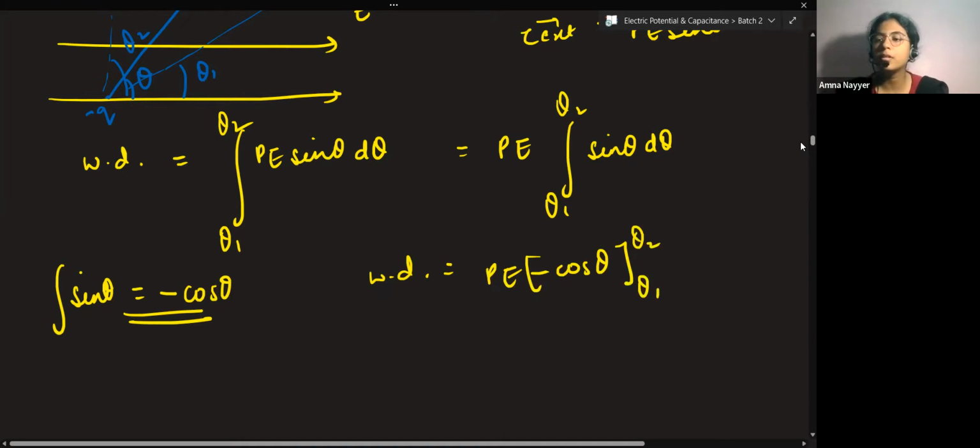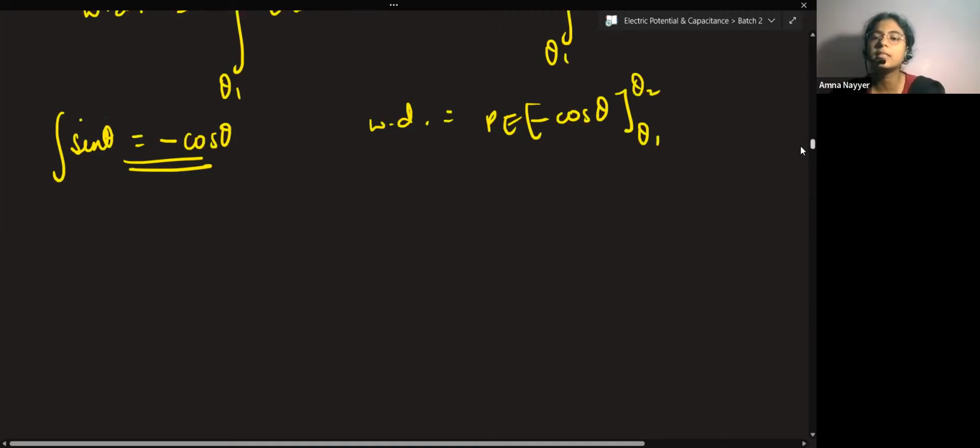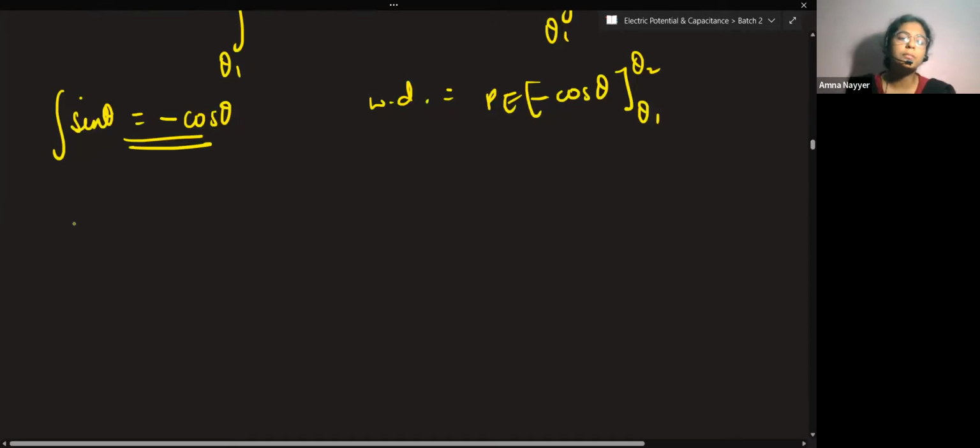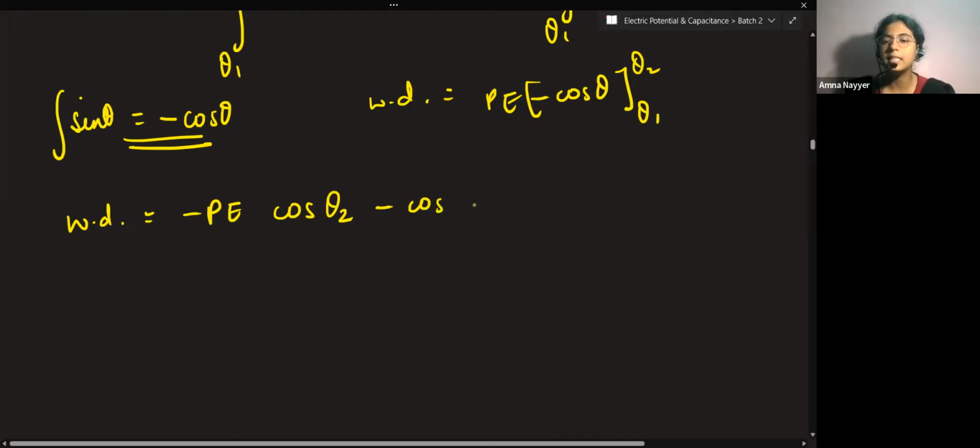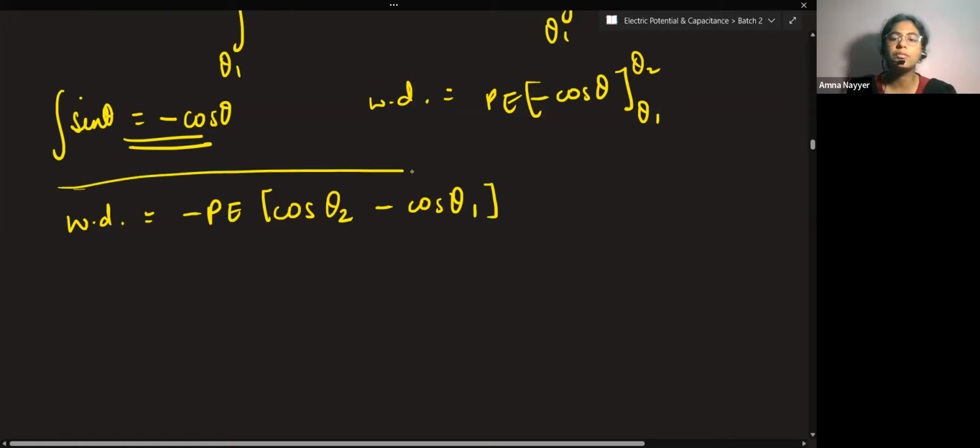Now if you put the values of the limits, work done will be minus PE cos of the upper limit, that is theta 2, minus cos of the lower limit, that is theta 1. This becomes your formula of work done.